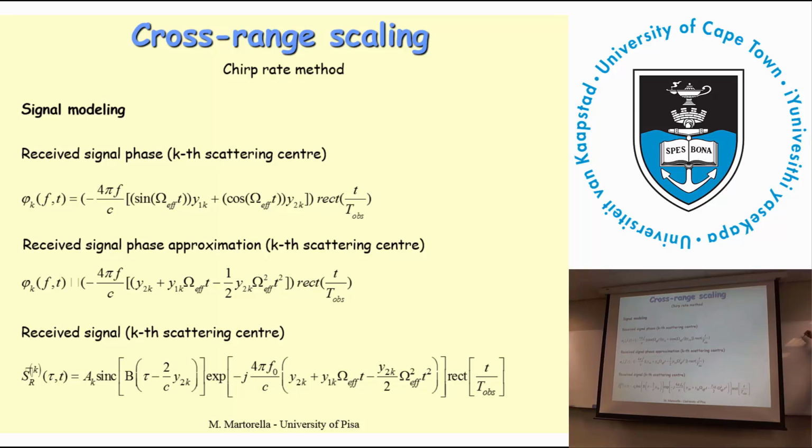So I call this S_R(f, t), and that would be S_R' (f, t), the compensated signal. Good. So with the compensated signal, usually what I do is take an inverse two-dimensional Fourier transform, and here I obtain an image.